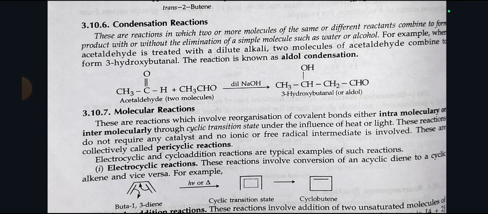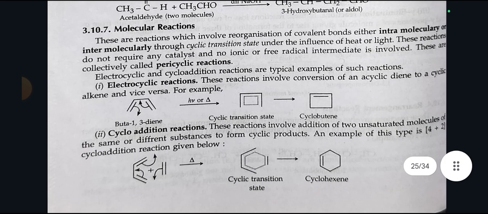The reaction is known as aldol condensation. 2 CH3CHO, acetaldehyde, in presence of dilute NaOH gives CH3CHOHCH2CHO, 3-hydroxybutanal or aldol.